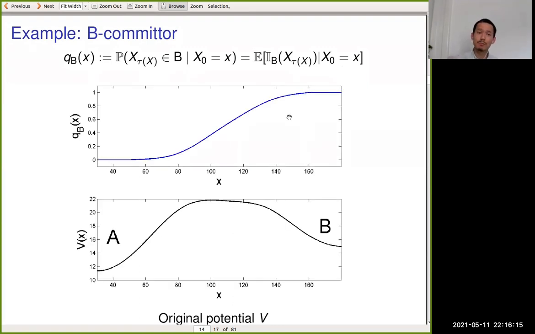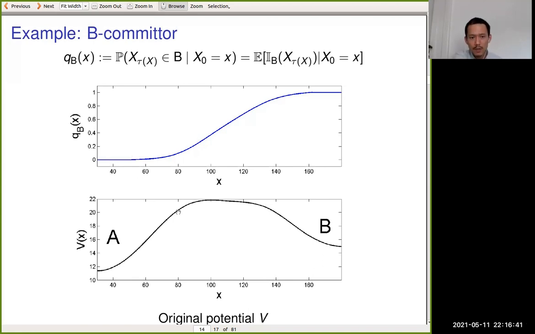Okay, so what does this B committer look like? At the bottom here, you see the graph of the original potential, V, that we saw from the previous slide. The y-axis is V of x, and the x-axis here is the initial condition, little x. And again, we've got the lower energy basin A and the higher energy basin B. And as you might imagine, when you're really close to A, the probability of hitting B before A is really close to 0.